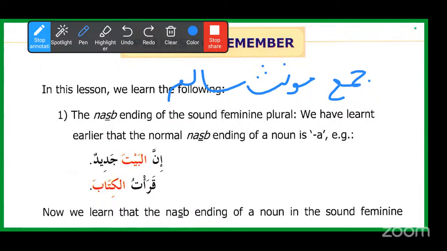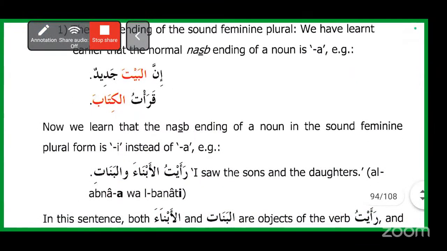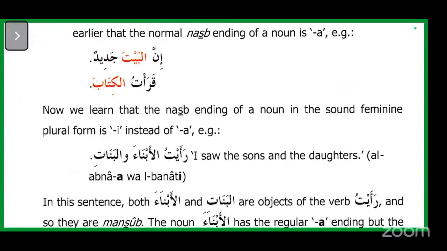For example, innal baita jadidun, qara'atul kitaba. The normal ending is a. Note, we learn that the nasab ending of a sound feminine plural form is e. Ra'aytul abna'a wal banati.